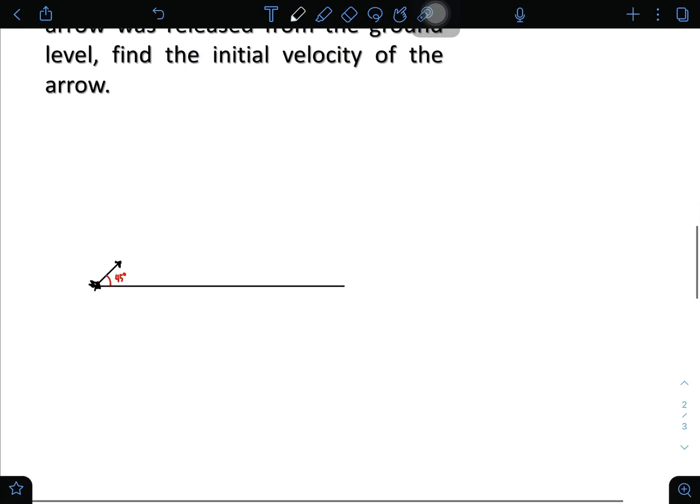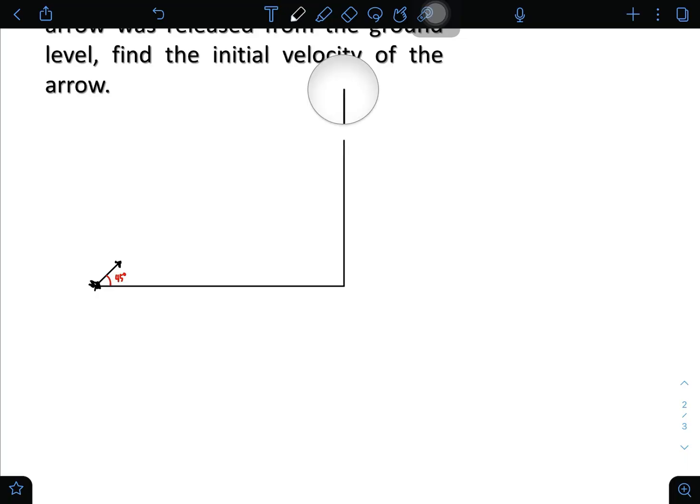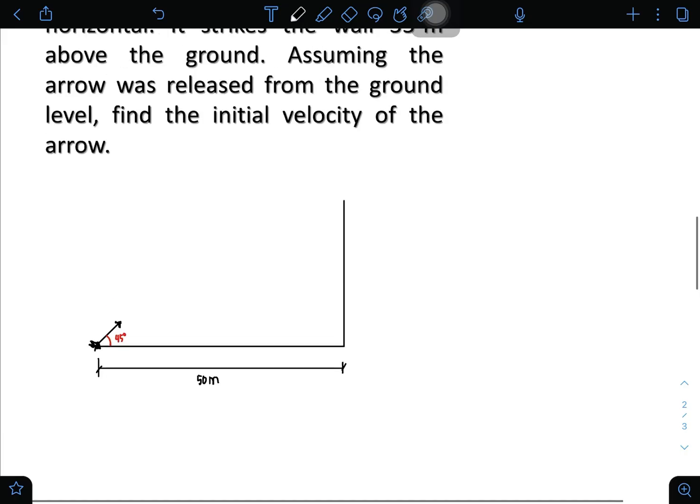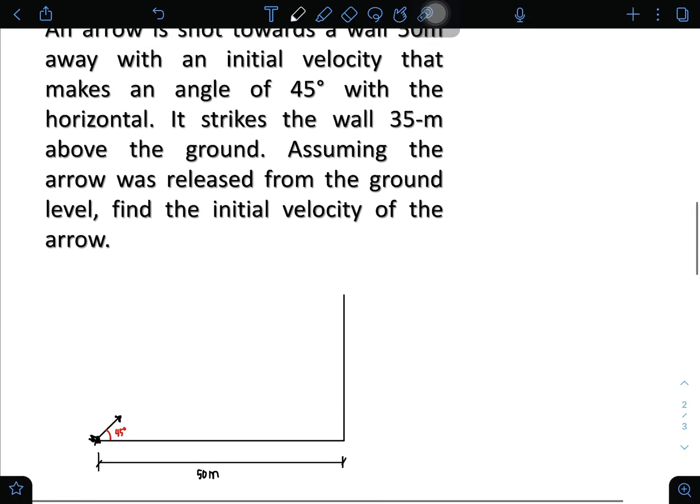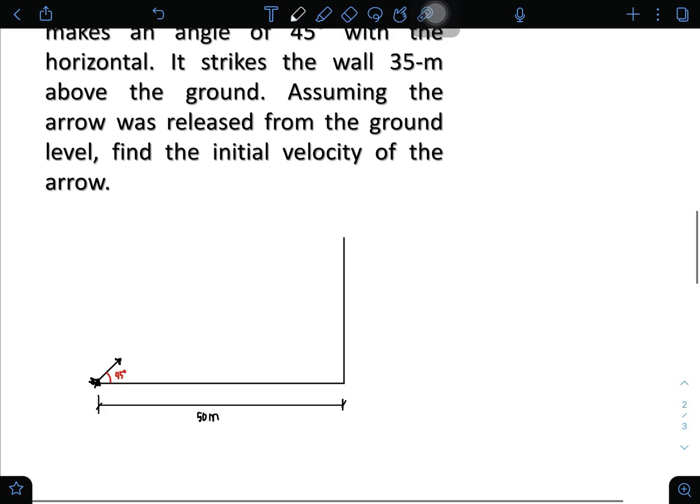So say for example, this is the wall. This arrow is shot from this point here towards here, with a distance of 50 meters away from the wall, and it strikes 35 meters above the ground. So this is the ground, and say for example this is 35 meters here from the ground.